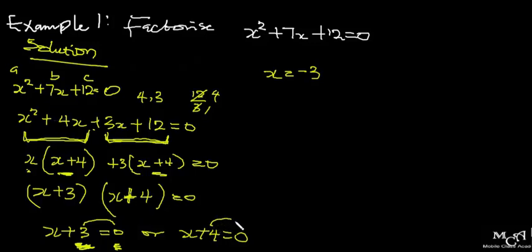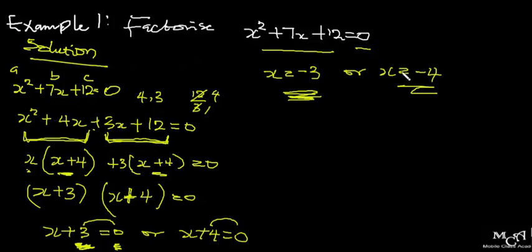And when our plus 4 crosses to this side, it changes to negative. So our plus 4 will turn to minus 4, or x equals minus 4. These are the values gotten after we factorize this equation that equals 0.